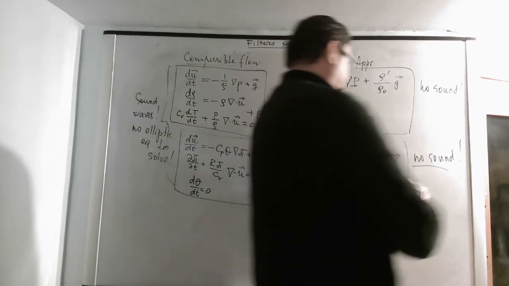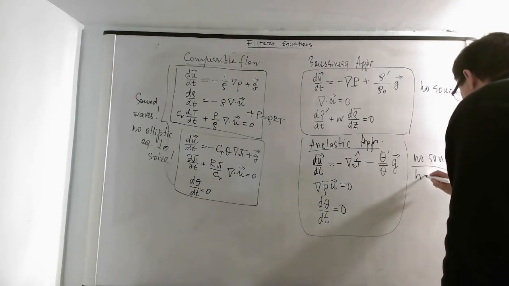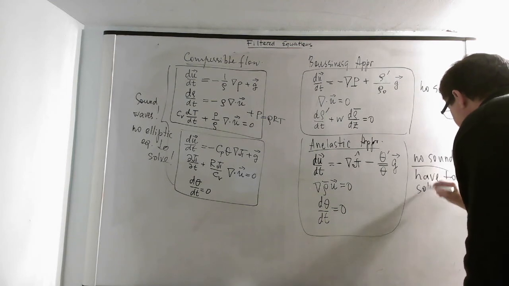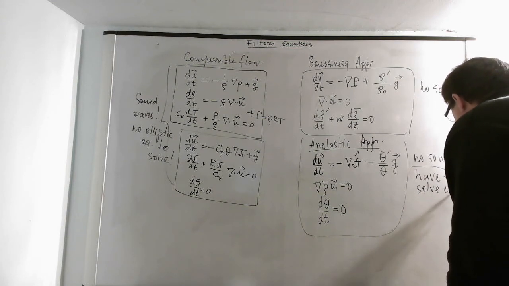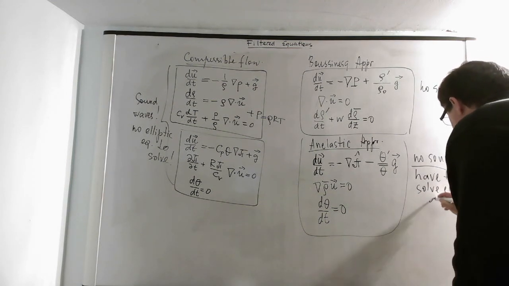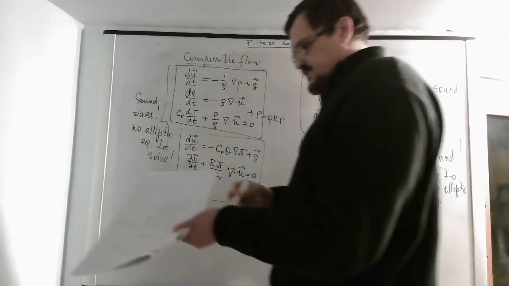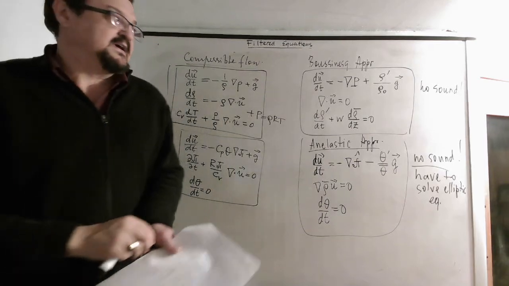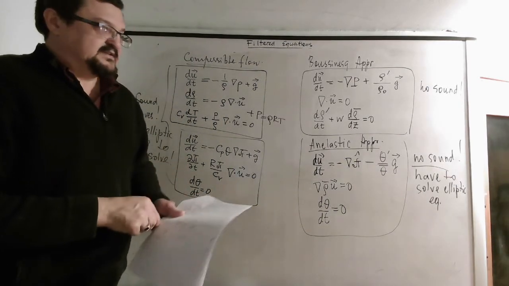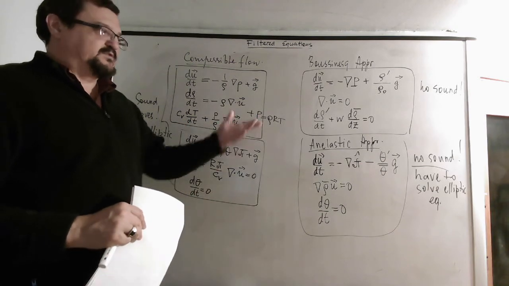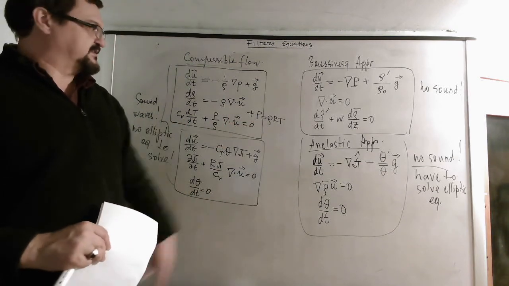And this one has an elliptic equation you have to solve. That's the main disadvantage of Boussinesq or anelastic equations. It's a very elaborate structure, and sometimes it takes a very considerable portion of your model run just to solve the elliptic equation for this kind of system.